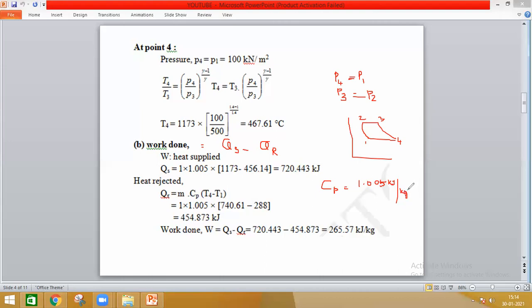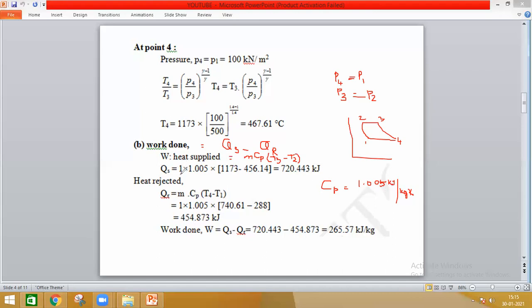Actually, the formula for heat supplied is equal to M into Cp into T3 minus T2. So this is heat supplied at constant pressure. That is why we use the specific heat at constant pressure. The Cp value is equal to 1.005 kilojoules per kg Kelvin, right?